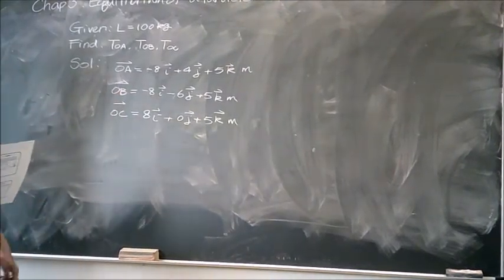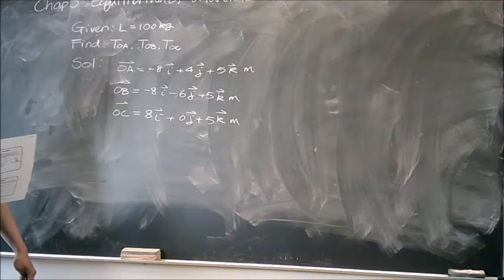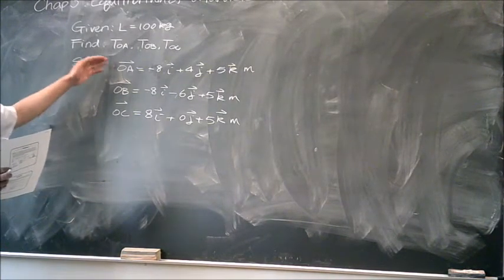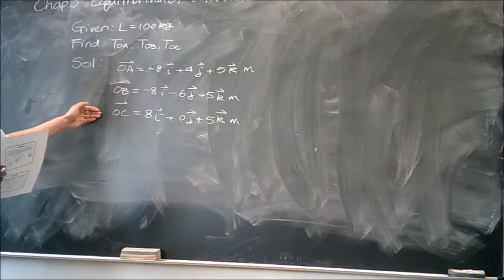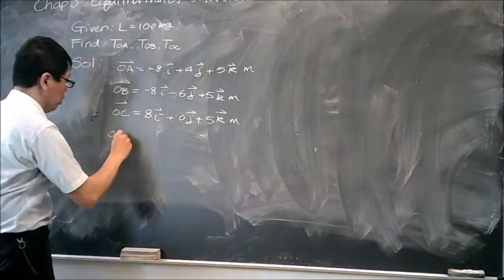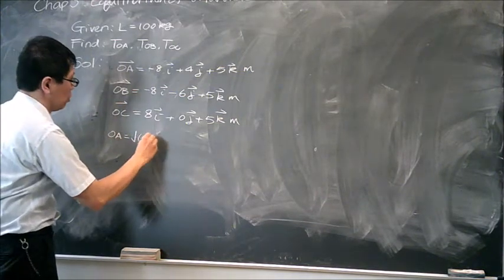So the next thing we need to do is to find the unit vector. But before we do the unit vector, we need to calculate the lengths of OA, OB, and OC. That's somewhat tricky.